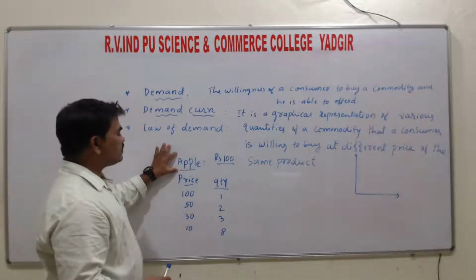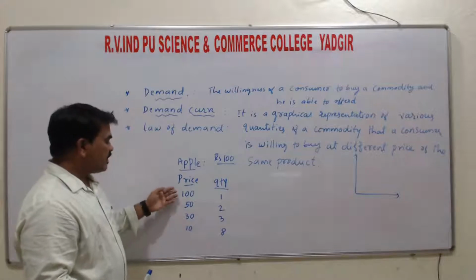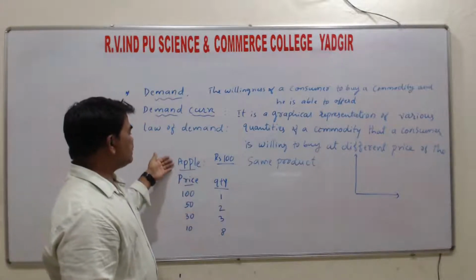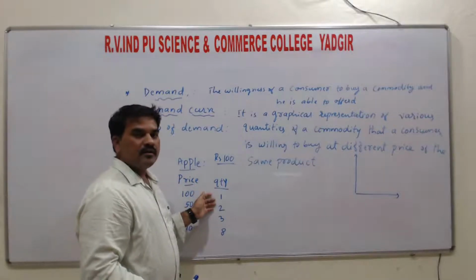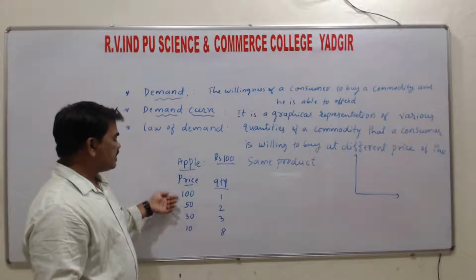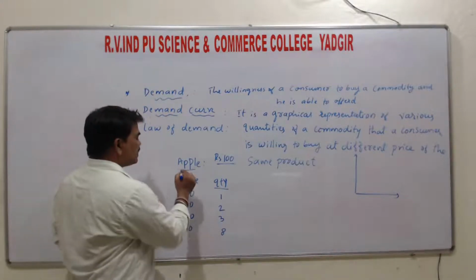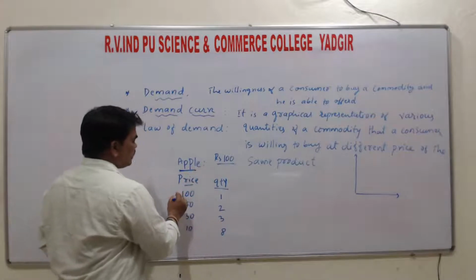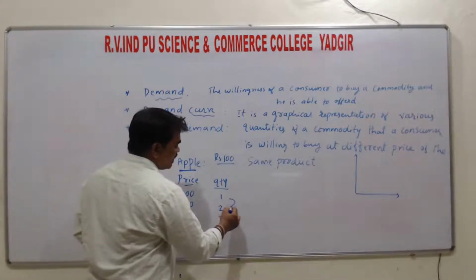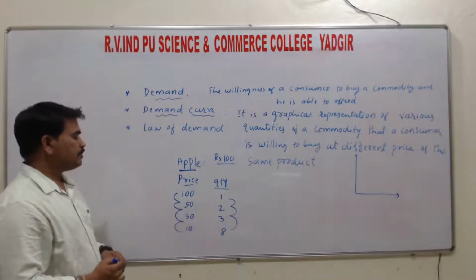When there is a change in the price, what are the various quantities I am willing to buy? Here it is the same product. When the price changes, what is my willingness to buy that product in terms of quantity?